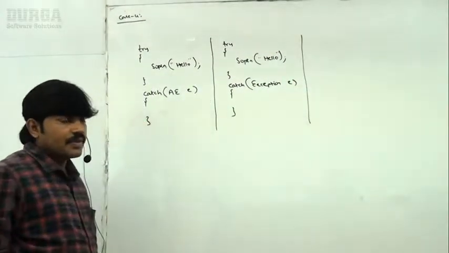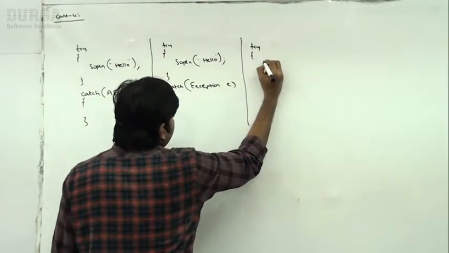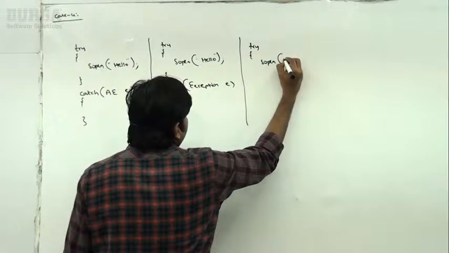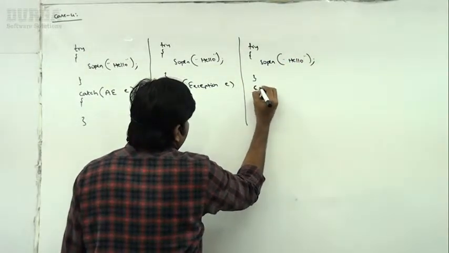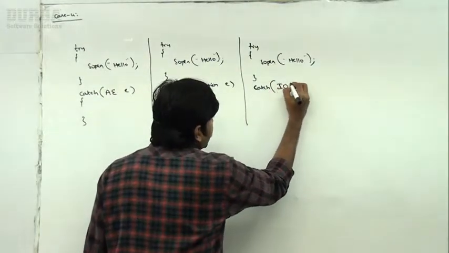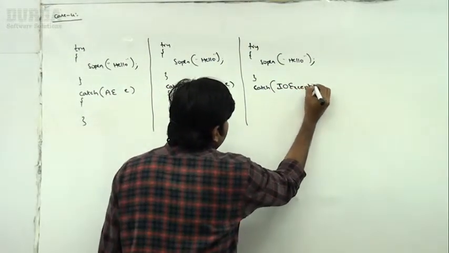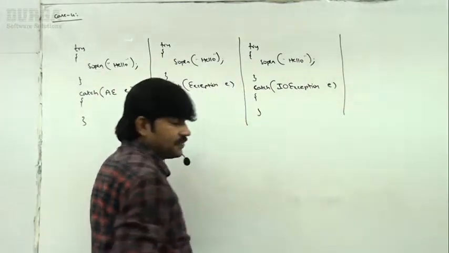This is the second. Now the third one, try, System.out.println hello. Next catch IOException, I'm taking like this. Okay, this is the third.